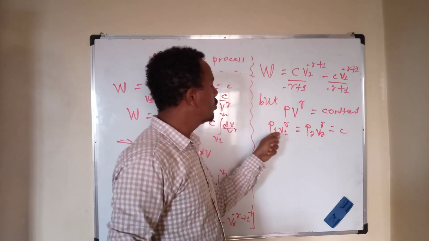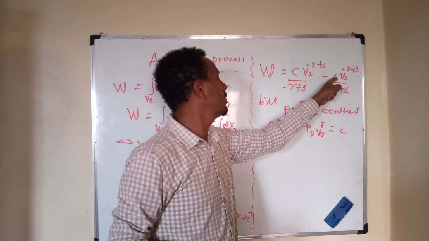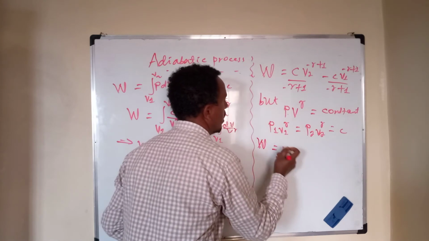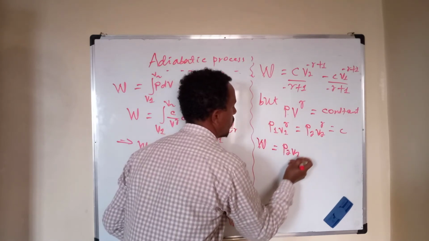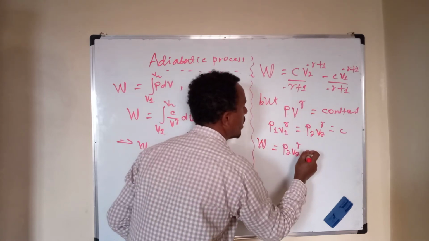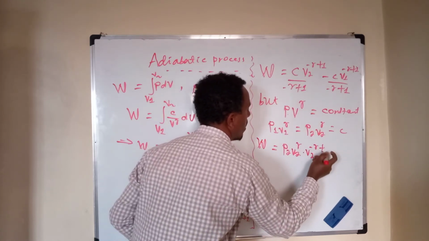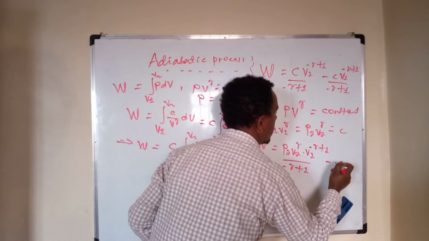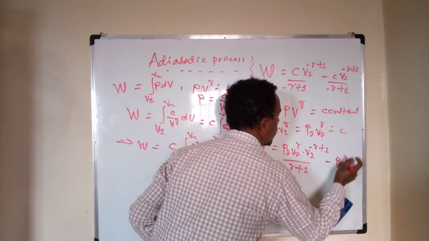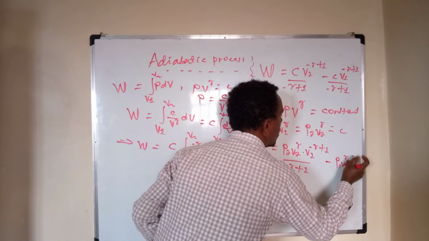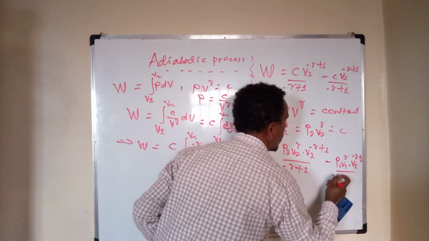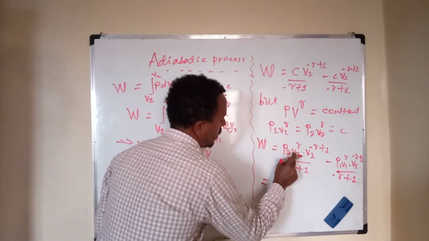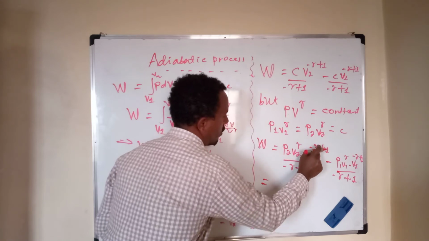Therefore, it is possible to substitute P1 V1 raised to gamma instead of C and P2 V2 raised to gamma instead of C. Therefore, work done is equal to P2 V2 raised to gamma times V2 raised to minus gamma plus 1 over minus gamma plus 1, minus P1 V1 raised to gamma times V1 raised to minus gamma plus 1 over minus gamma plus 1. Multiply P2 V2 raised to gamma with V2 raised to minus gamma plus 1.